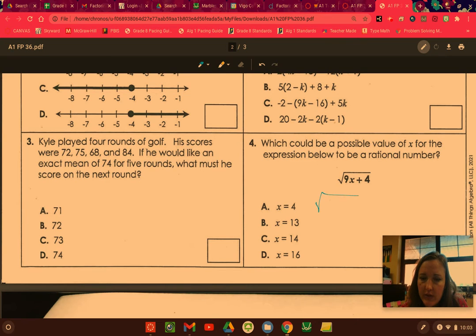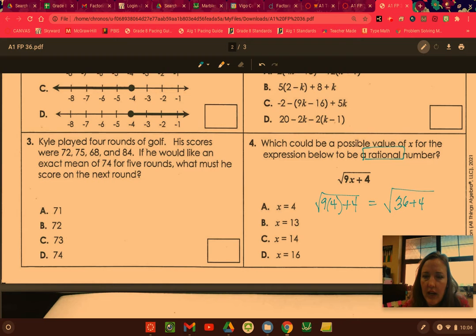So the square root of 9 times 4 plus 4, the square root of 36 plus 4. Is that going to be a perfect square? We want to get a rational number, okay?